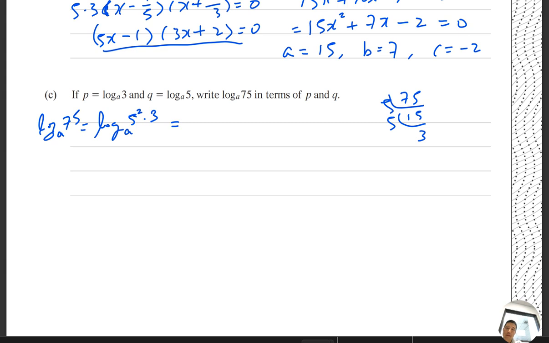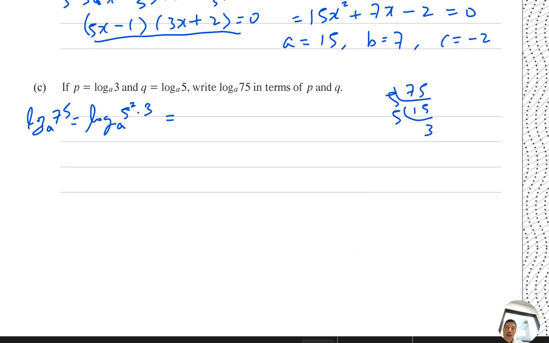And then, according to the property of log, I can add them. So, which means log 5 squared to the base of a plus log 3 to the base of a. Okay?